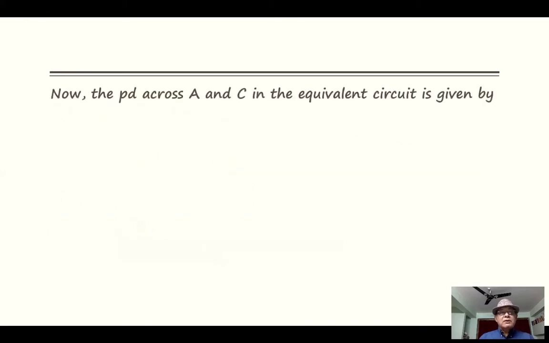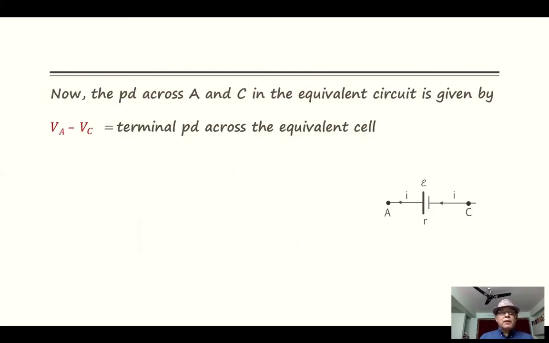Now, the PD across A and C in the equivalent circuit is given by VA minus VC, which is equal to the terminal PD across the equivalent cell, is equal to E minus IR. It is equation 4.